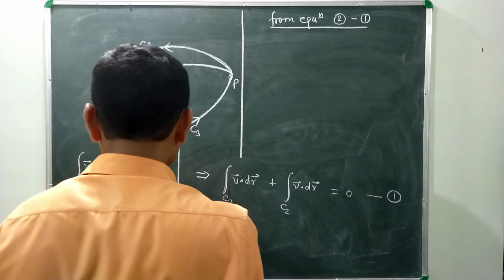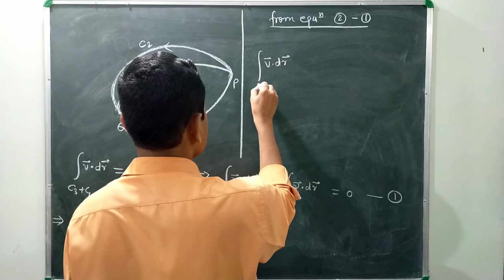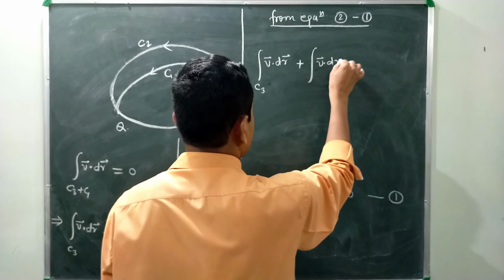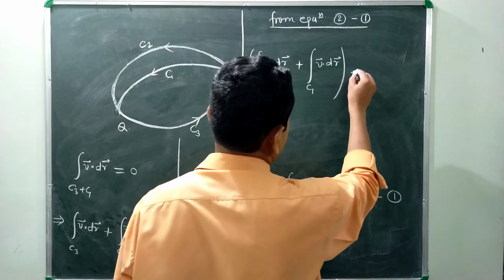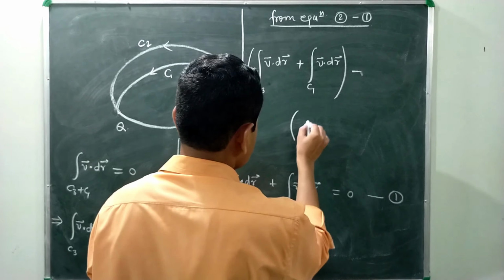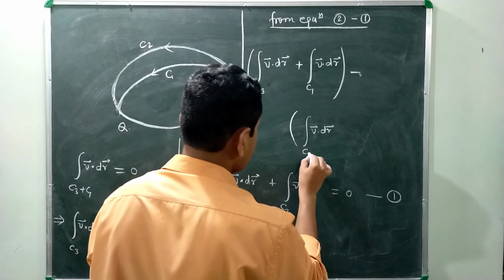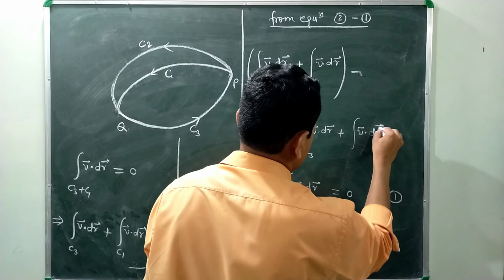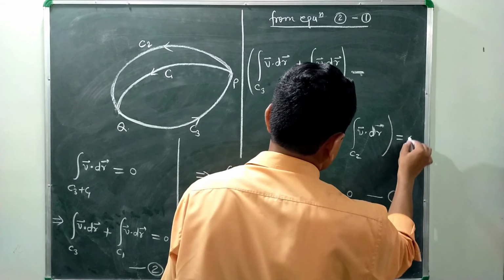Equation 2 is this one, means the line integral of vector V along C3 plus the line integral of vector V along C1, minus the line integral of this vector V along C3 plus the line integral of vector V along C2. This is equal to 0.